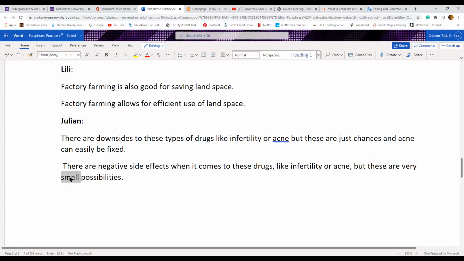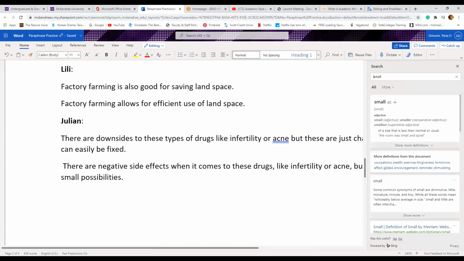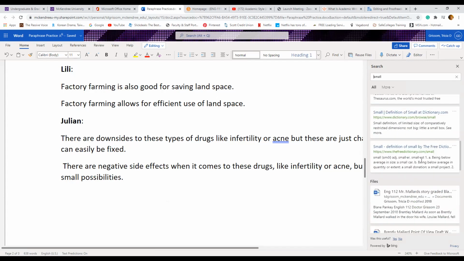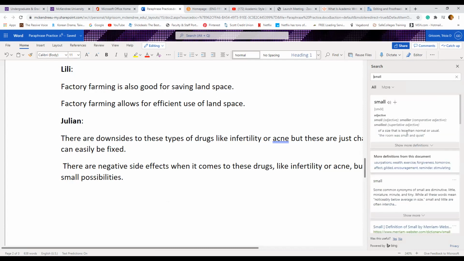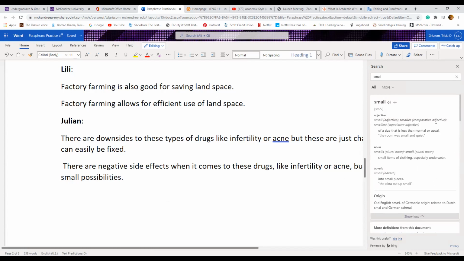I think you could come up with a better word for very small to make it even better, Julian, if you think about it. So what if we right click on it? Not very helpful.